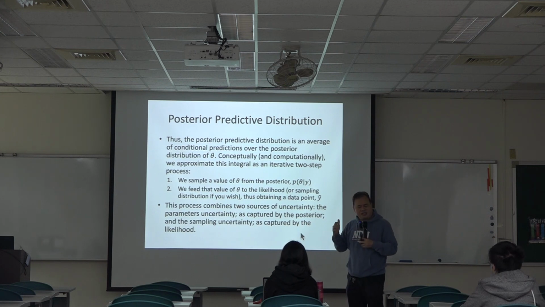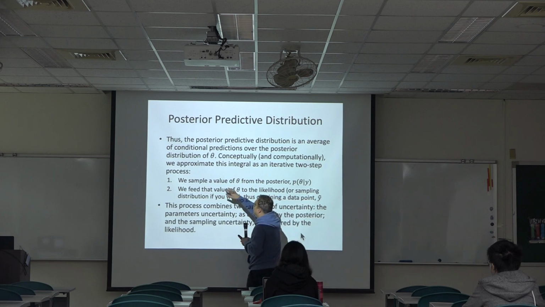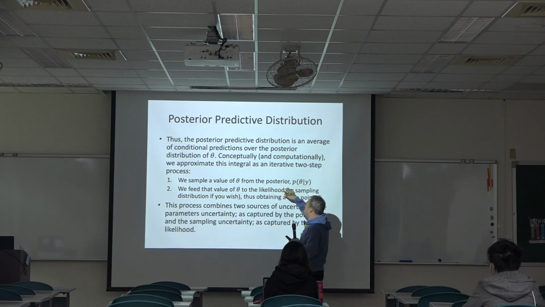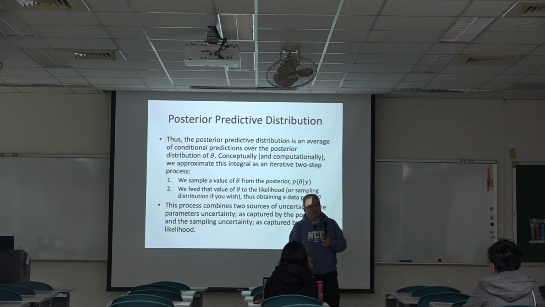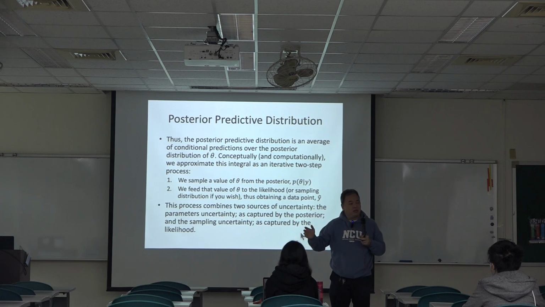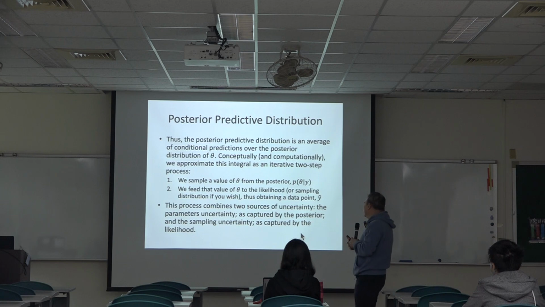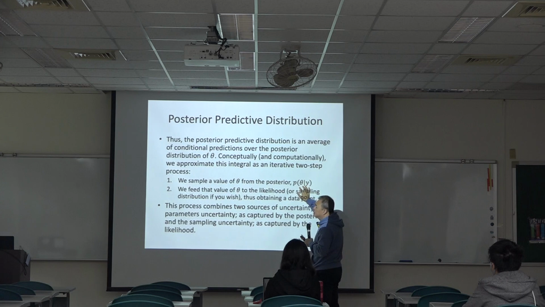So we just randomly sample a certain value of theta from this posterior distribution, just like a regular sample. For example, from a normal distribution you can sample a value, right? Same thing here: you can sample a value theta from this posterior distribution.